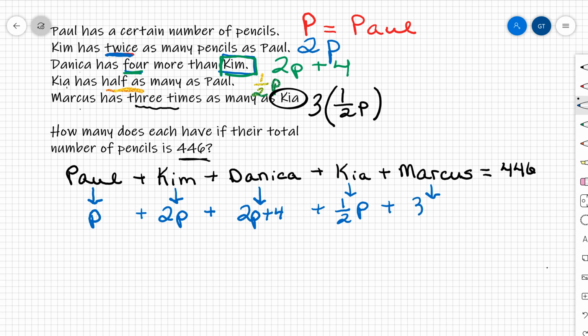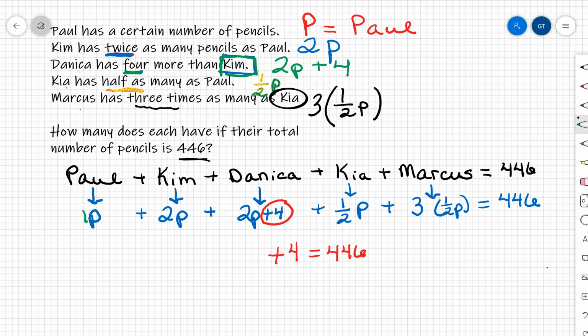So 3 times what Kai was, and Kai was 1/2 P. And all of that's going to equal 446. We're going to have to combine like terms and solve for our variable. Now we have here just a plus 4, and there's no other numbers, that's just a number. So we know we're going to have plus 4, and that's going to equal 446.